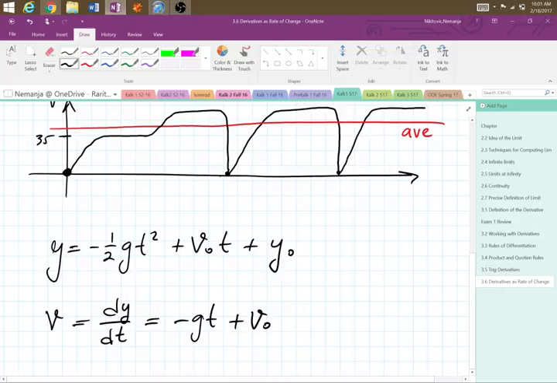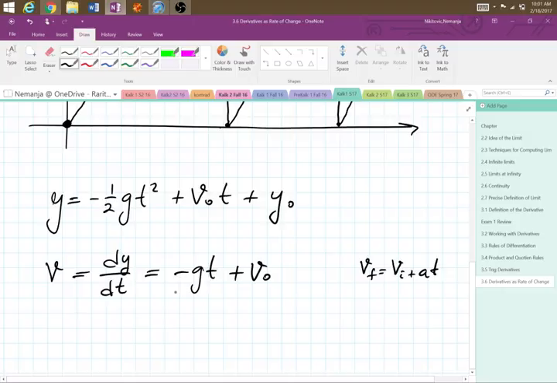Those of you who took physics courses already know that final velocity is initial velocity plus acceleration times time. That's that formula, except with gravity pulling down, so we have negative g, but that's the acceleration. So you see how all of these things make sense. And if you take one more derivative to get the acceleration, you see that acceleration is negative g, which is downwards, negative, and the gravity. So all of these formulas make sense.